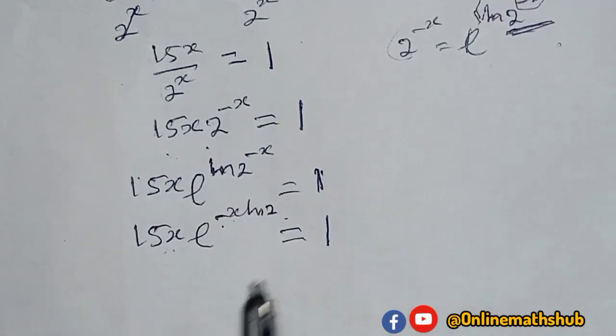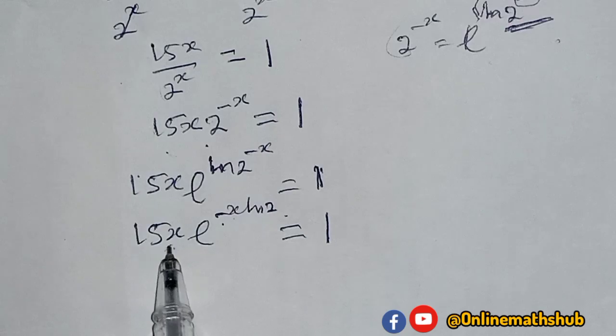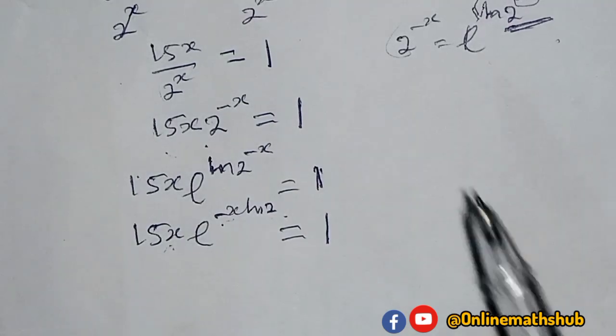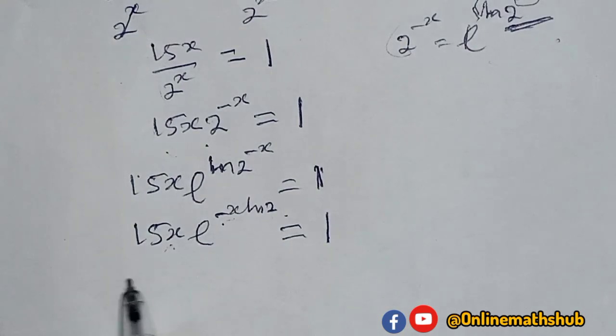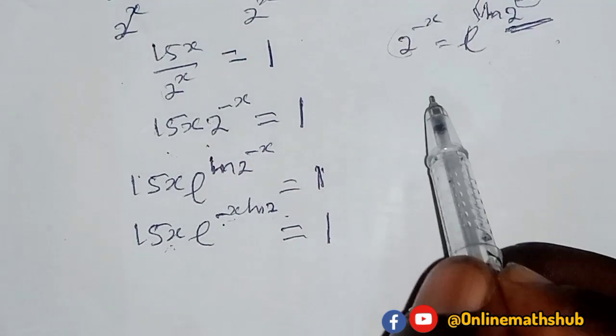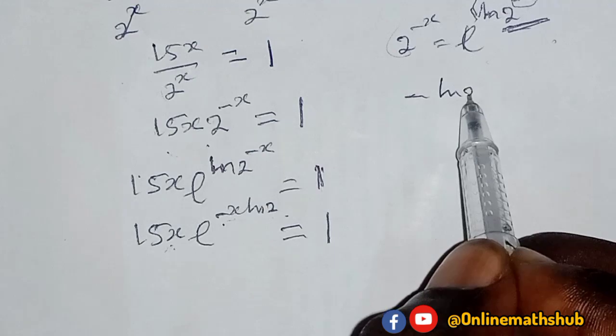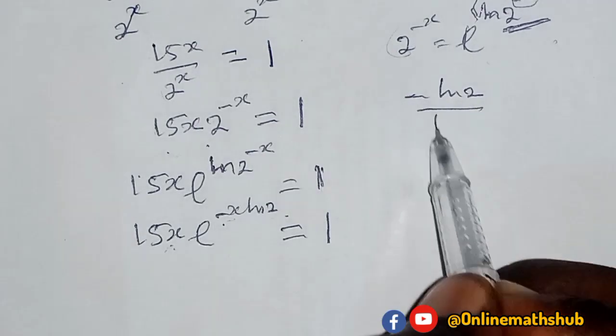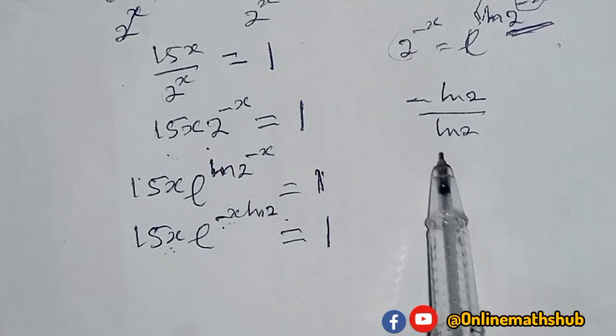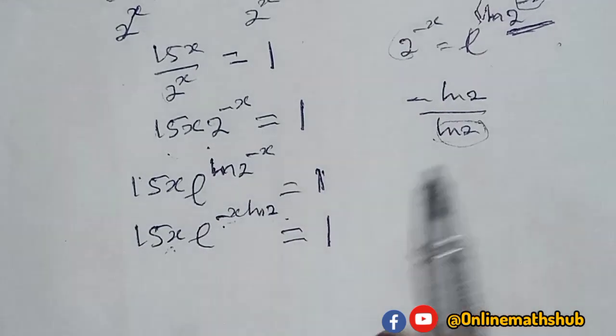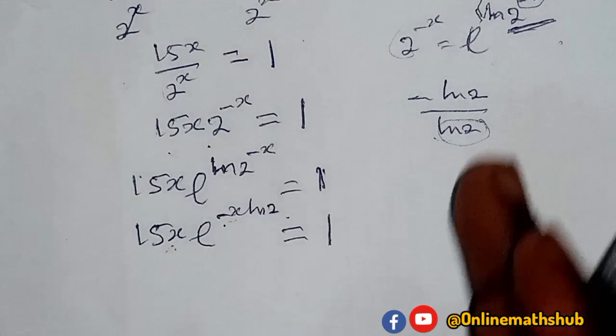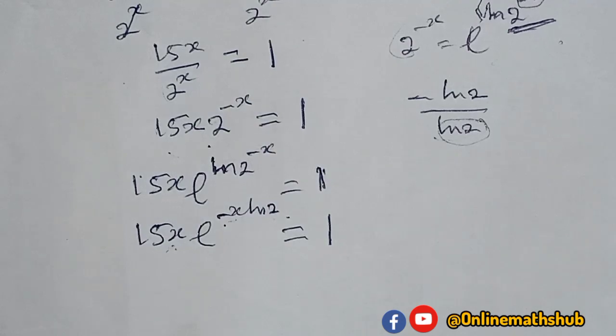So our next job is to transform this x to look like this form, and we can get that by multiplying both sides by minus ln 2 divided by ln 2. The reason we are dividing by this ln 2 is that we don't want to change the question, so that once you divide it will still have the same thing.